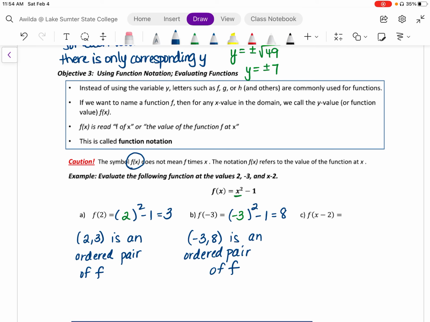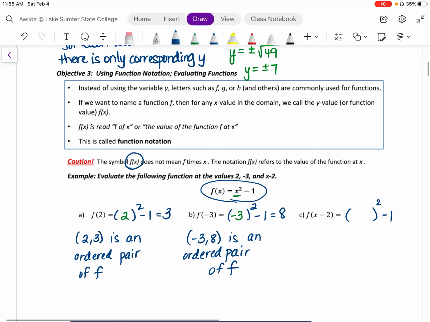Finally, let's look at f evaluated at the input x minus 2. Again, we're going to square the input and then subtract 1, right? That is the rule that we have to follow. Square the input and subtract 1. Well, the input in this case is the expression x minus 2. So when we square the binomial x minus 2, we have x squared minus 4 times x plus 4, and then we're going to subtract 1 from that.